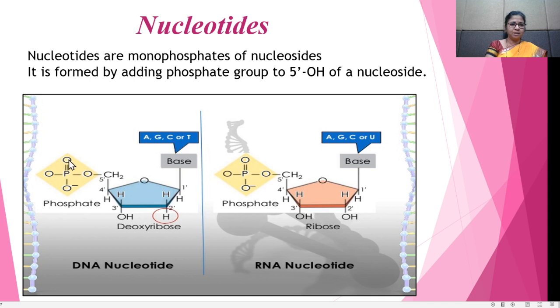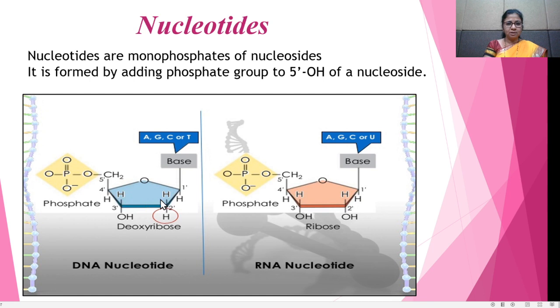And this phosphate group is attached to the 5 carbon atom of this sugar. That means the nucleotides are formed by adding the phosphate group to the 5-OH of the nucleoside. And this type of linkage gives the nucleotides.